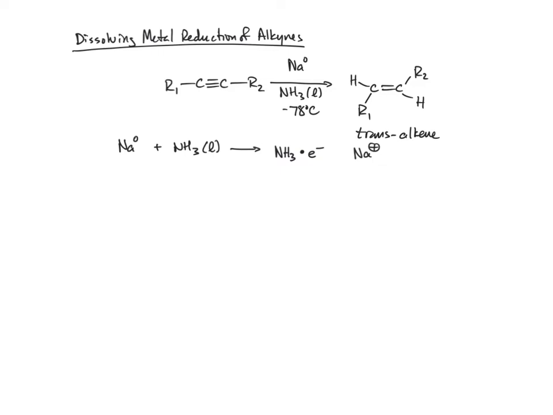And what's interesting about this is ammonia, when you condense it, is a colorless liquid. It's very pungent smelling, but it's a colorless liquid when you condense it. When you add in the sodium, you actually see the formation of a really deep blue color.